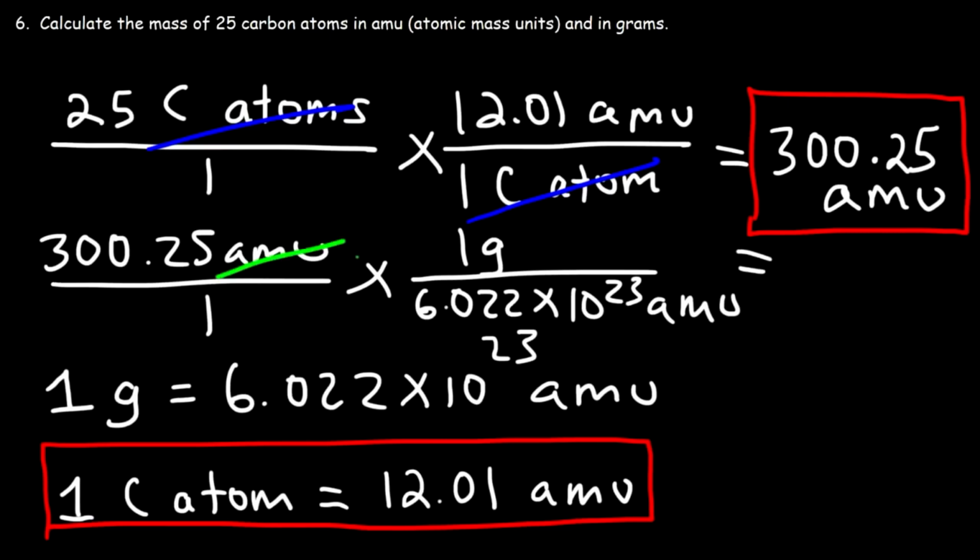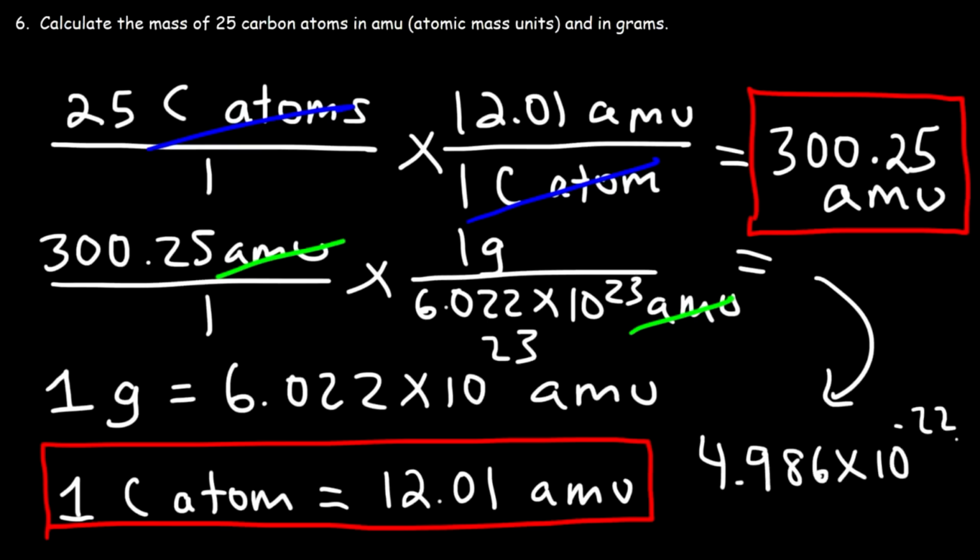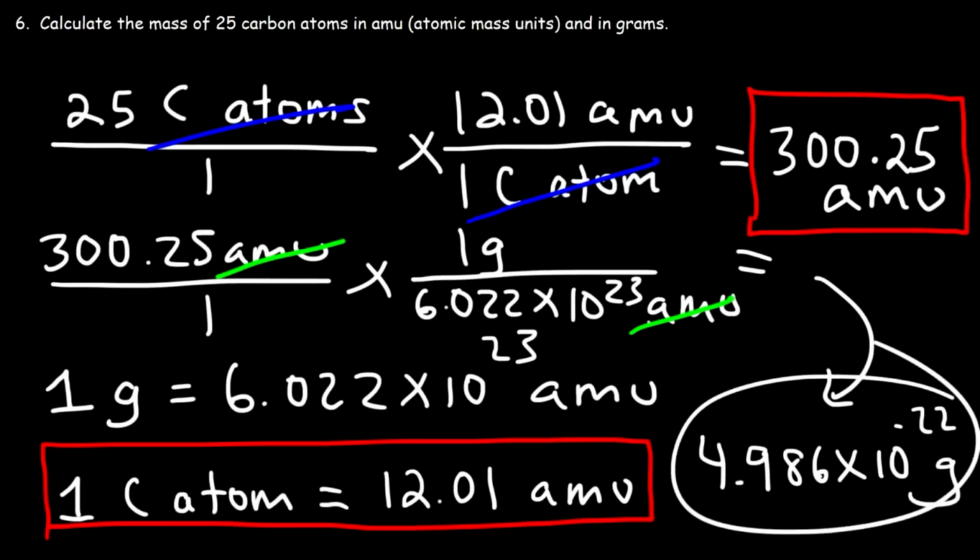And so AMU will cancel, and it's just going to be 300.25 divided by Avogadro's number. And so this will give us this answer, 4.986 times 10 to the negative 22 grams. And so that's how you can convert from atomic mass units to grams.